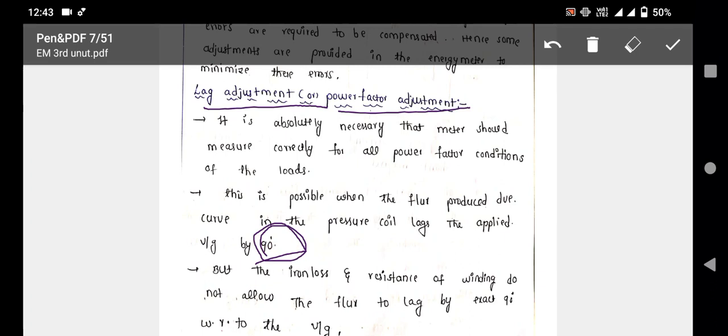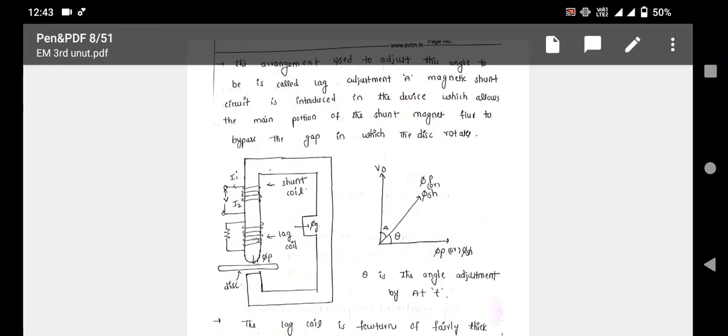It is possible when the flux produced by the pressure coil lags the applied voltage by 90 degrees, but the iron losses and resistance of the winding do not allow the flux to lag by exactly 90 degrees with respect to voltage. Now you can see this is the shunt coil.